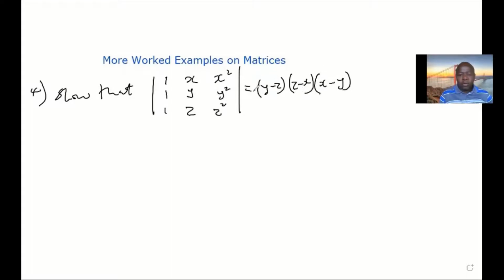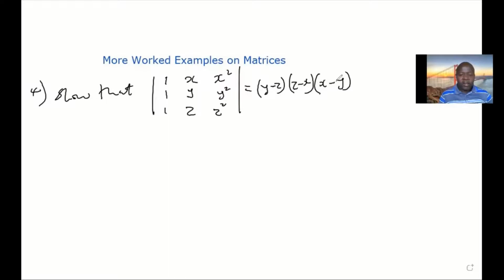Show that it's the same as y minus z, and then z minus x, and then x minus y. Now, for me to do this, I have to remember what I want to achieve. Looking at this determinant, I'm seeing there is x minus y, and then there is y minus z.